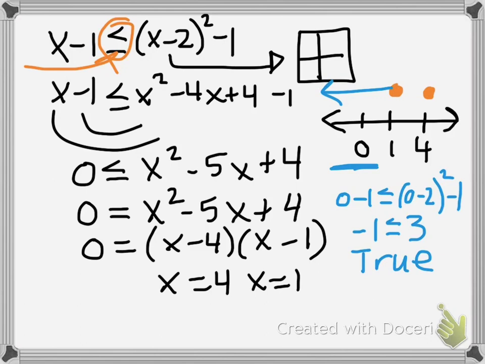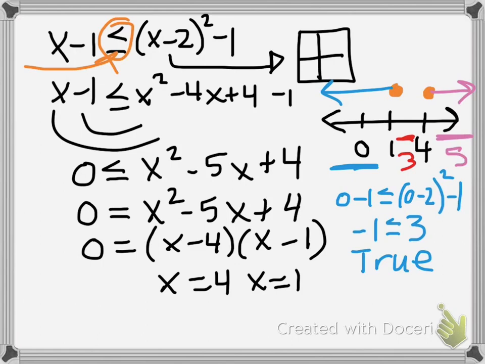And like we talked about in the last example, yes, we should or could test points in the other region. So I could test a point in here like 3. I would find out that it's false. And I would test a point in the other region, which is over here. I could test the point 5, and I would find out that that's true because they either have to be going separately away or coming together.